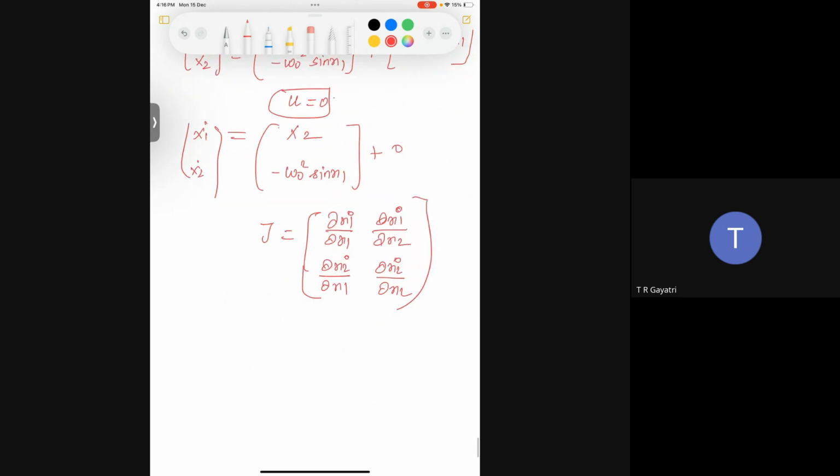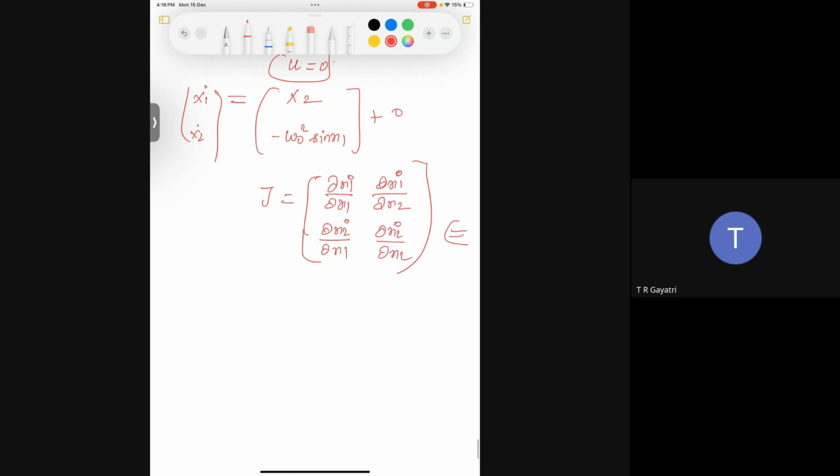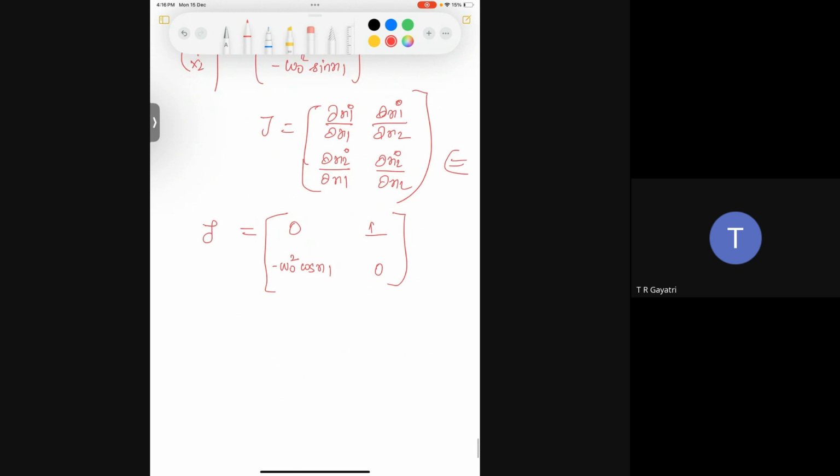There is a chance that I may make mistakes here, so let me know. Dou x1 dot by dou x1, there is no term. For x2 it is 1. Minus omega square is not dependent on x2, and the differentiation of sine x1 is cos x1. There is no x2 term, so it is 0. Right? This is my linearized system.